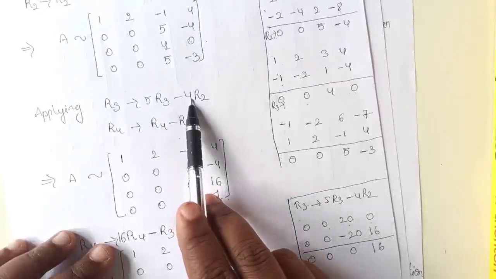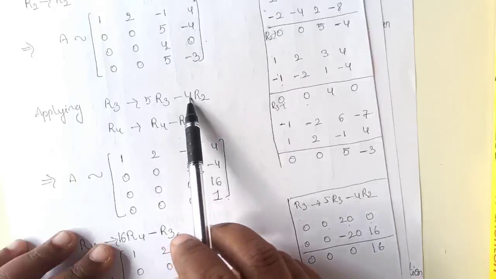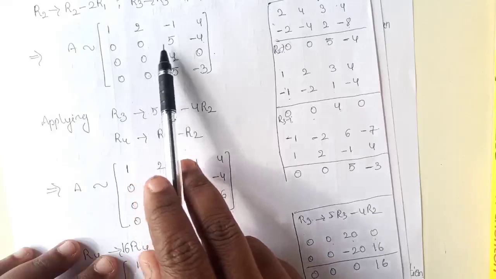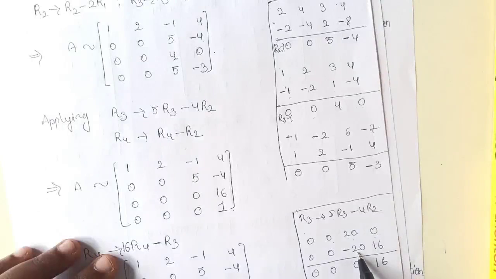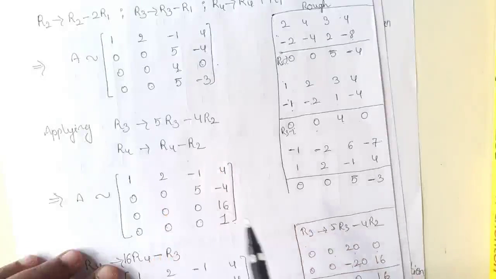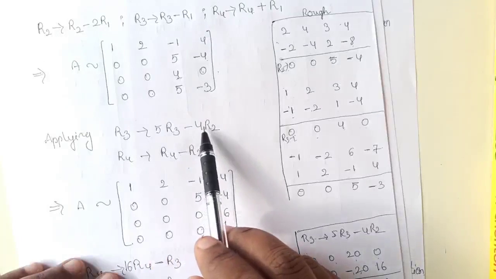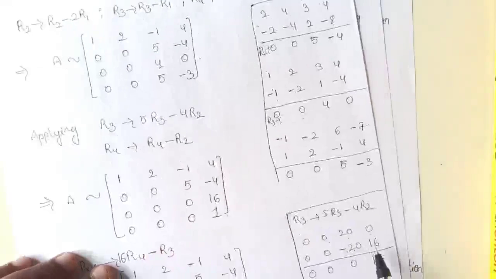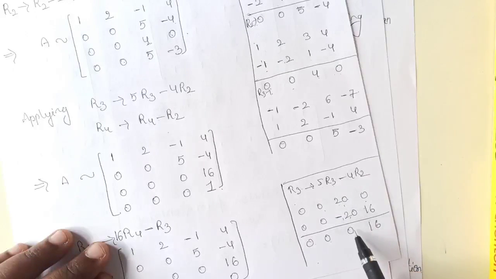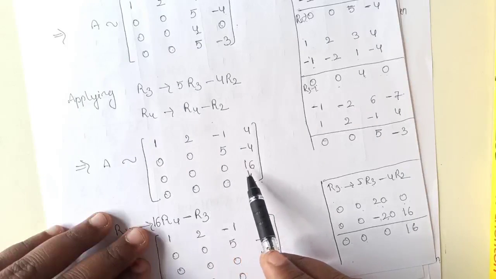Next 4 into R2: 0 into 4 equals 0, 5 into 4 equals 20, and because it is a minus sign, we get minus 20. Next 4 into 4 equals 16. So calculating, we get 0, 0, 0, and this is 16. Thus the new entries are 0, 0, 0, 16.